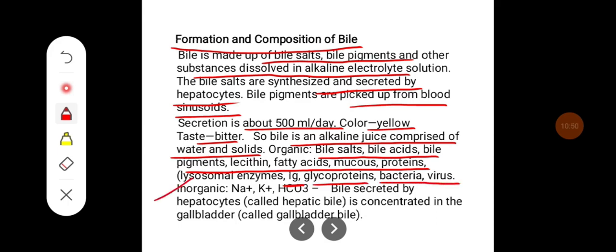The inorganic contents are mainly sodium, potassium, and bicarbonate. Bile is secreted by hepatocytes, so that is why it is called hepatic bile, and when concentrated in the gallbladder, it is called gallbladder bile.